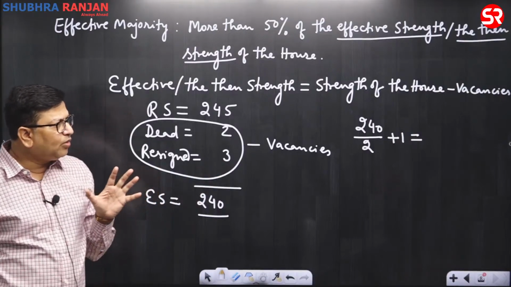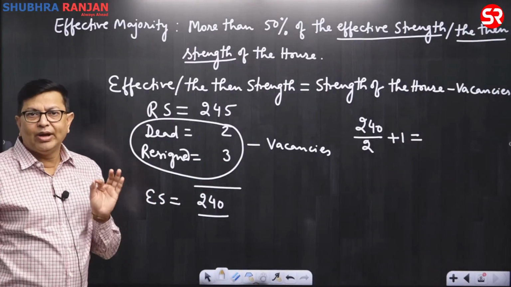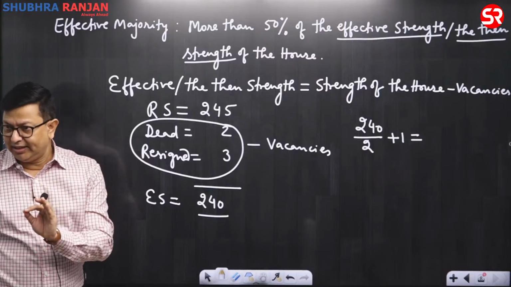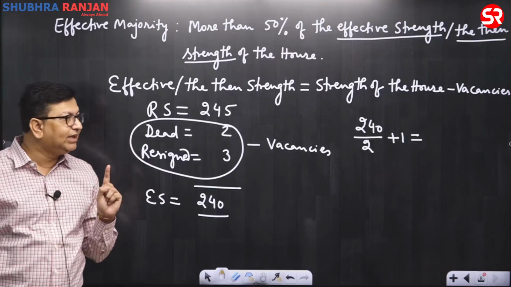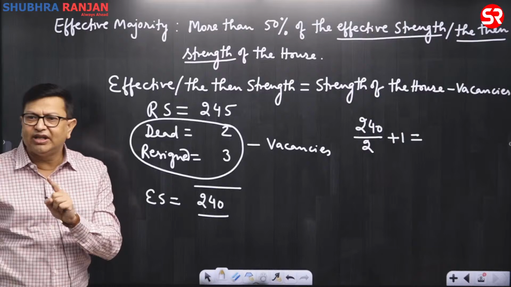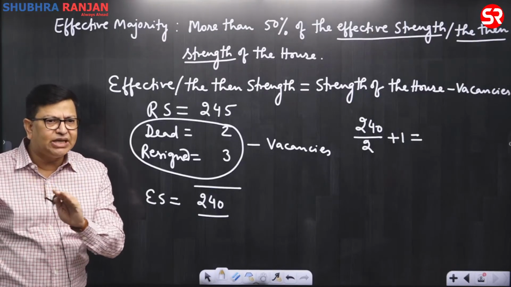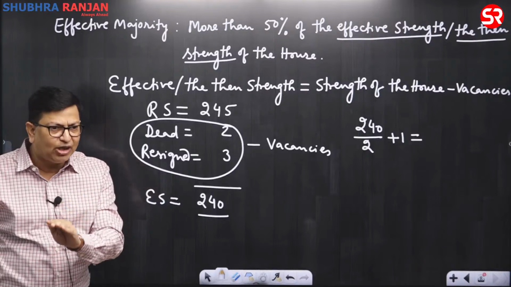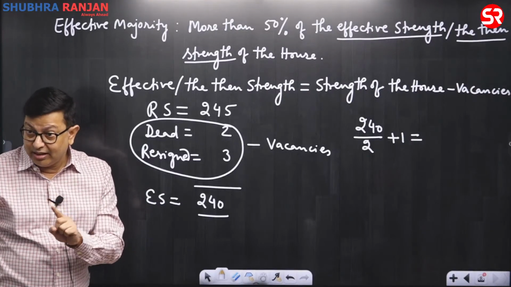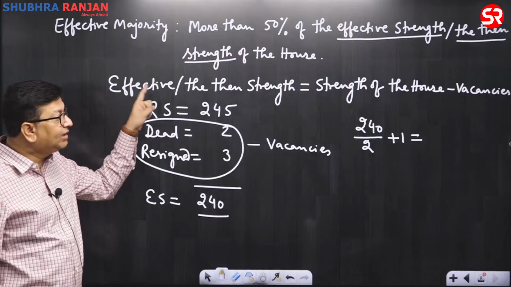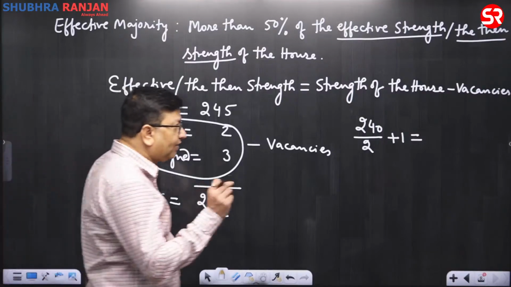Now the question here is where this majority is required, because absolute majority will be required for the formation of the government. Simple majority is required wherever the constitution is silent on the type of majority required. But where this majority will be required, you can write it.